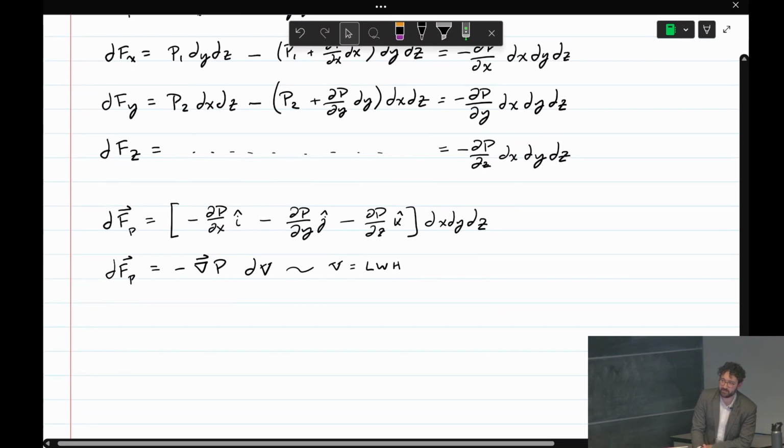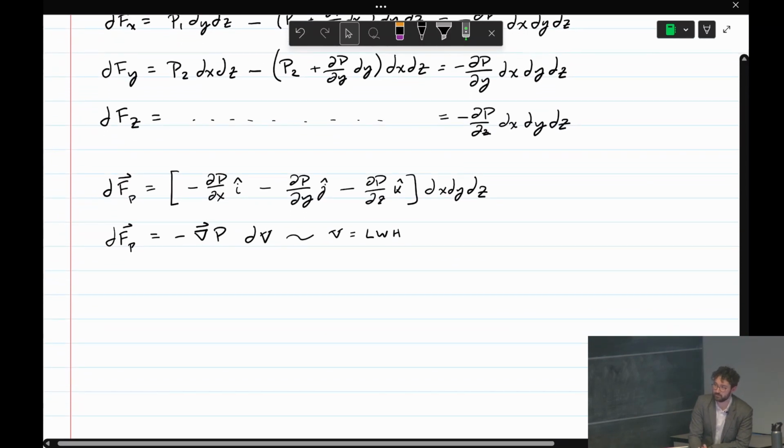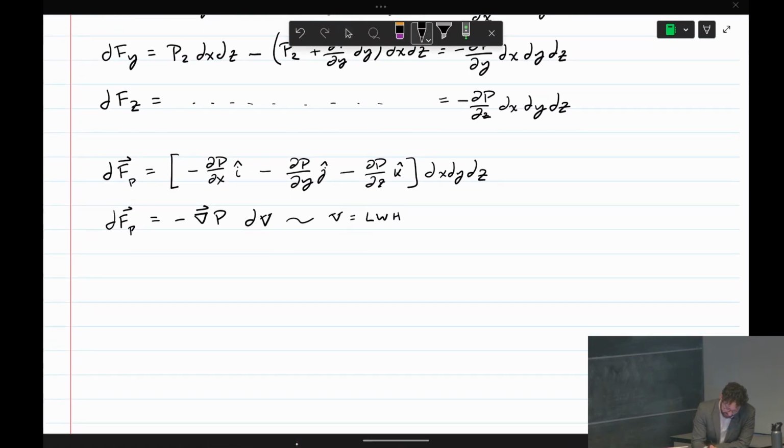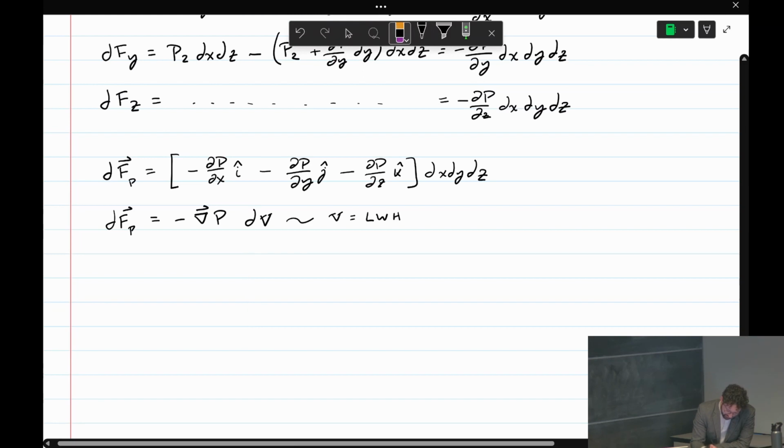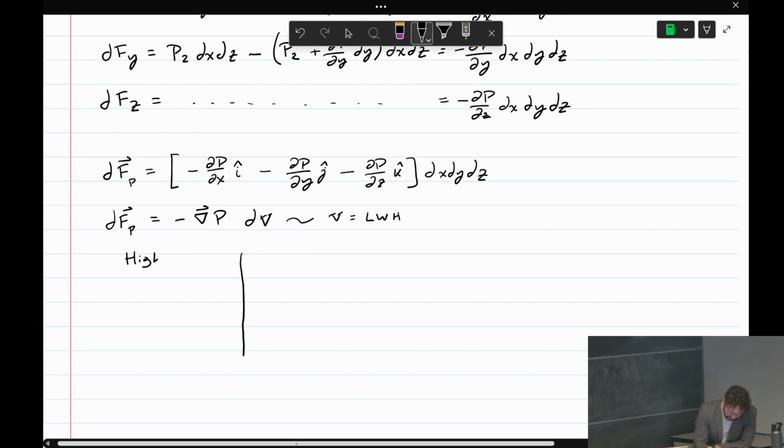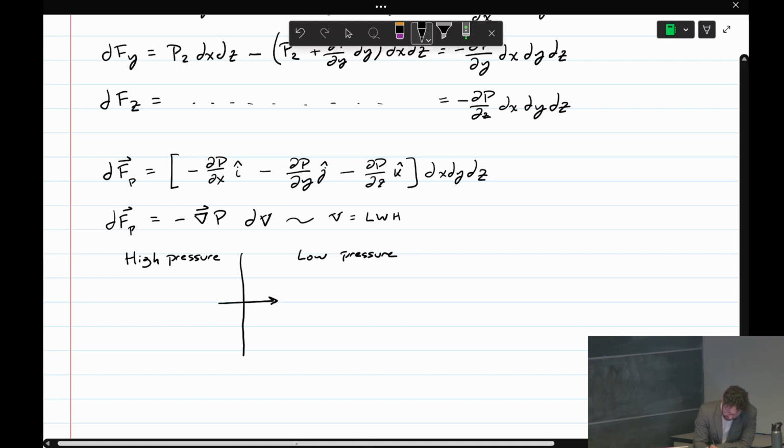The reason that it's negative is similar to heat transfer. Say we have some region of our flow. This region has a high pressure. This region has a low pressure. So the gradient will be here.